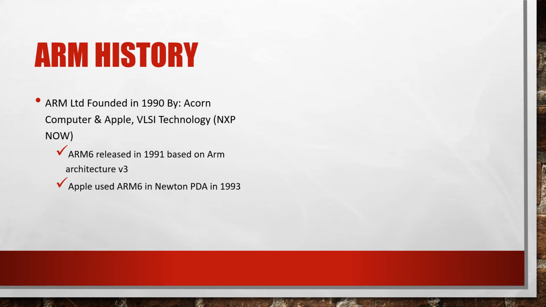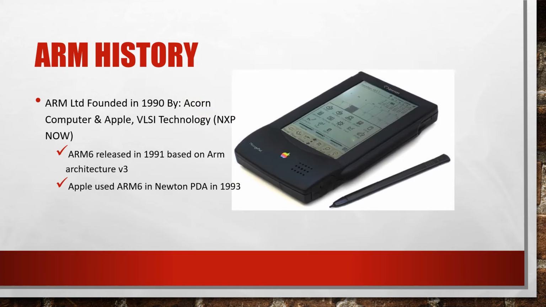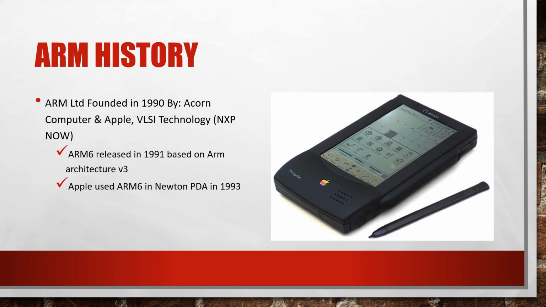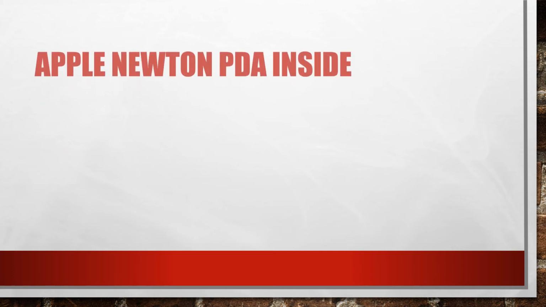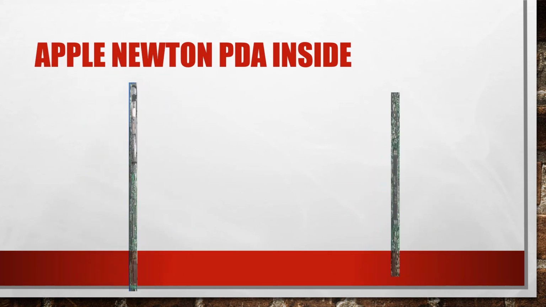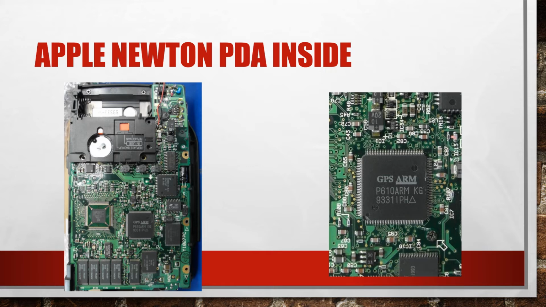Actually, this is the beginning of using the processor inside the mobile phone, and it was used by Apple in the PDA. Here is a look inside the PDA, which really uses the ARM processor.